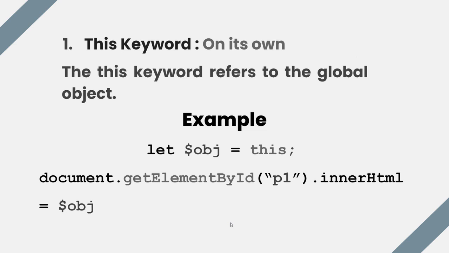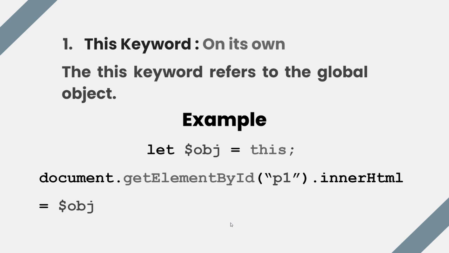So here we have the first instance, which is the this keyword on its own. The this keyword here refers to the global object. Now, I said that everything in JavaScript is an object. So everything basically is an object. And when this keyword exists on its own, it refers to the global object. The global object here means the general object of all other objects.